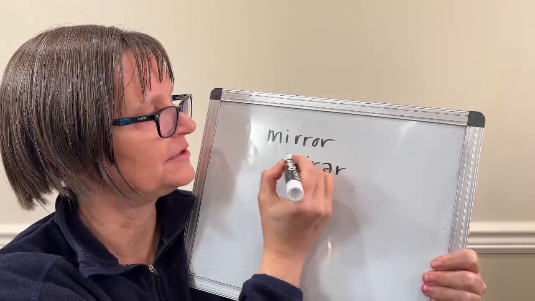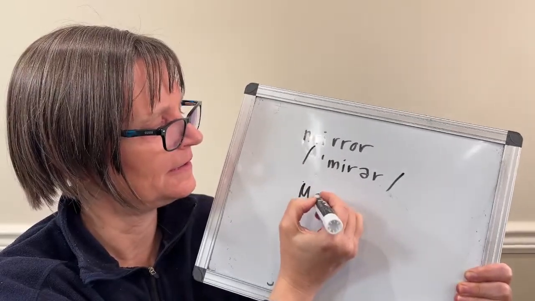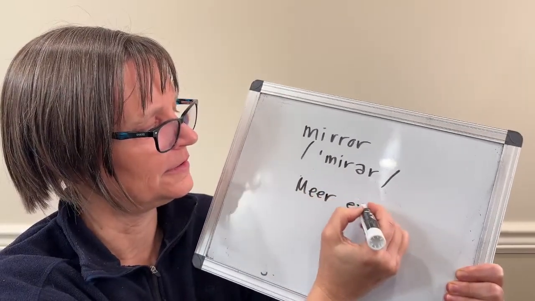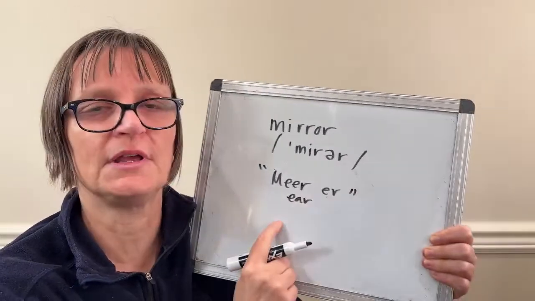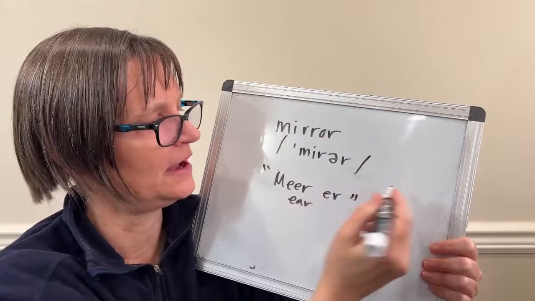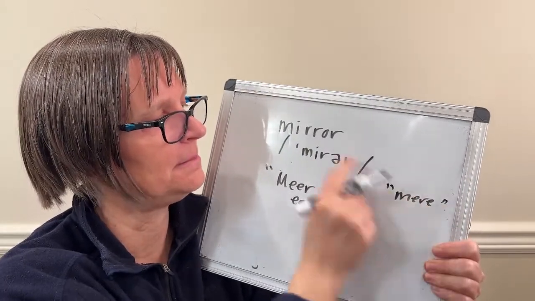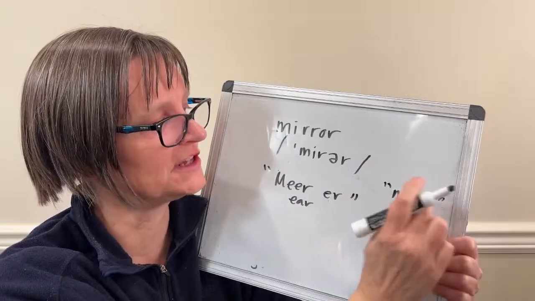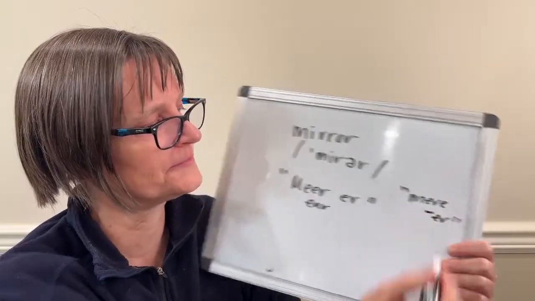So first syllable stress, it sounds like mirror, mirror. Or you can think about ear, same as the word ear. Ear, mirror, mirror. Also the same as this word mirror. It's a mirror, mirror. So the first syllable is the same as this. So mirror for this word.